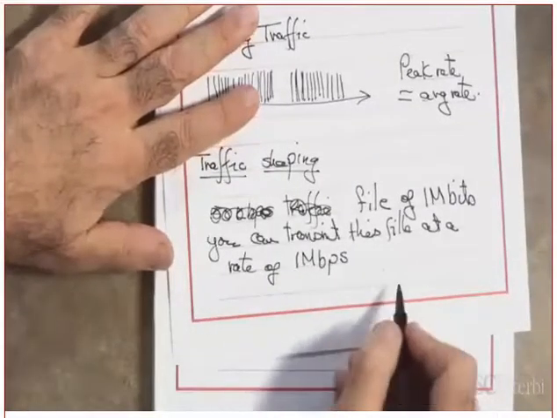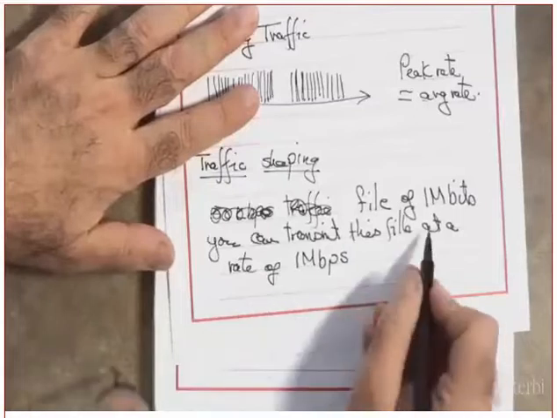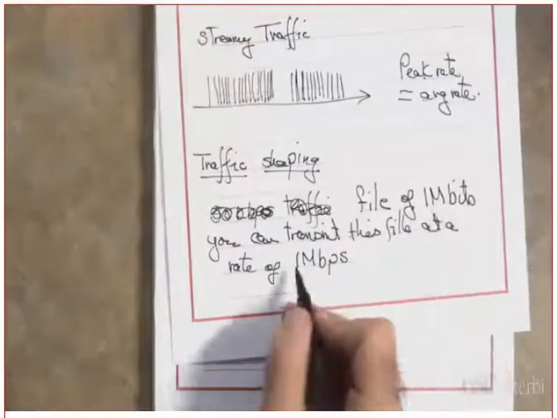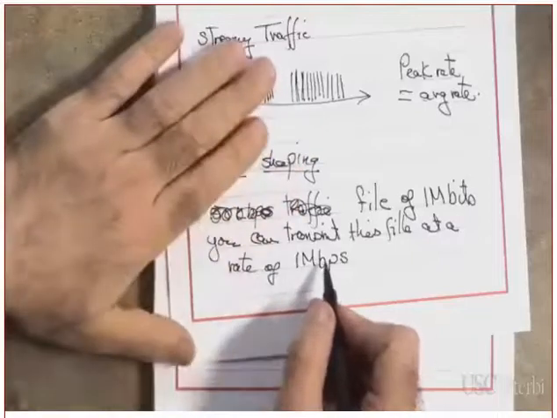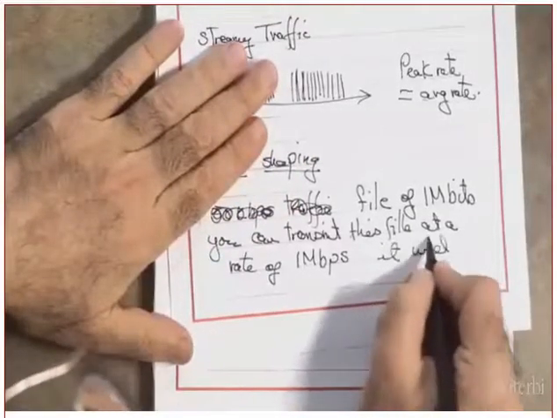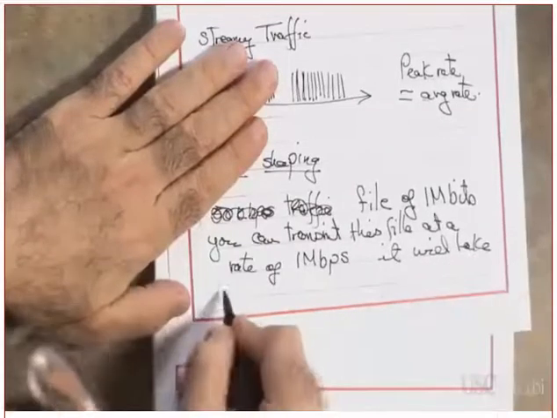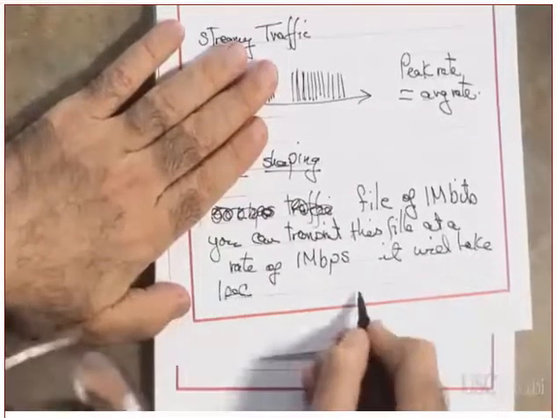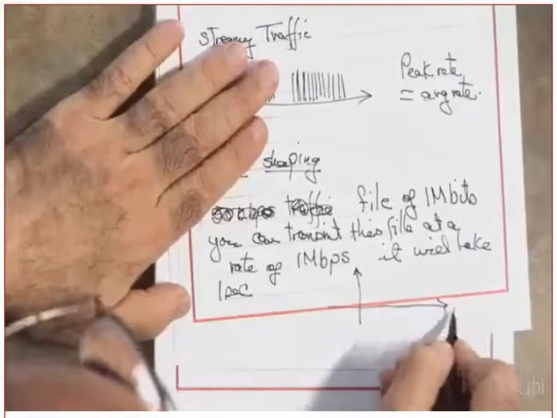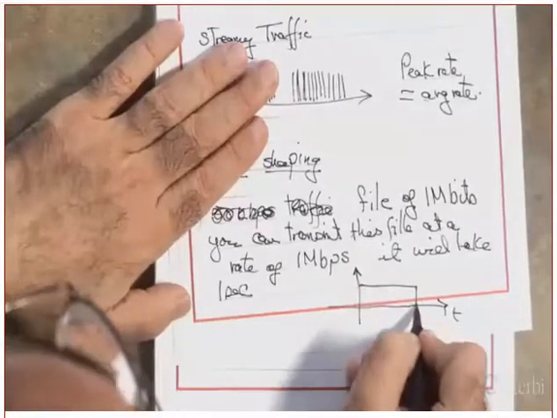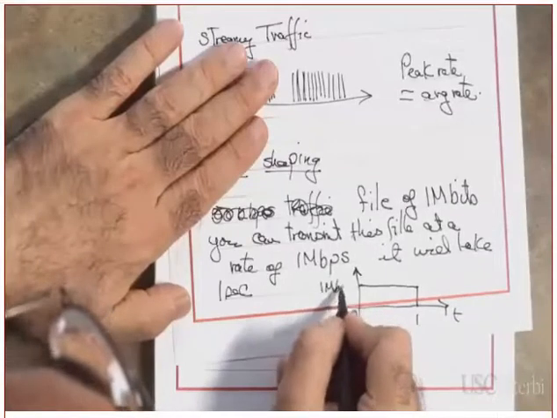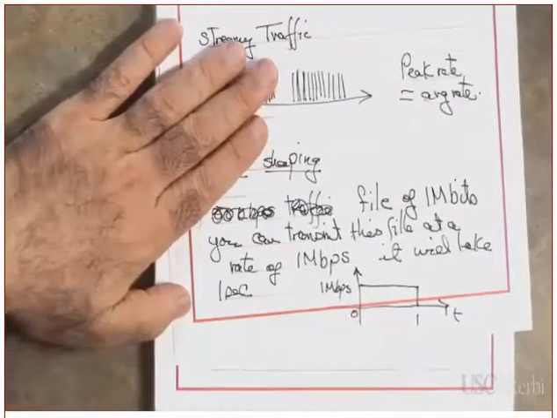How long will it take? How long will it take to transmit this file? If the file is 1 megabit, and if you are transmitting at a rate of 1 megabits per second, it will take what? It will take 1 second. In other words, you would do like this. This is the rate. This is the time. 0 to 1. And you are transmitting at a rate of what? 1 megabits per second. Clear?